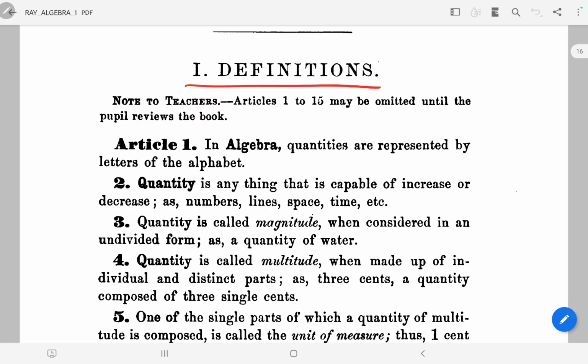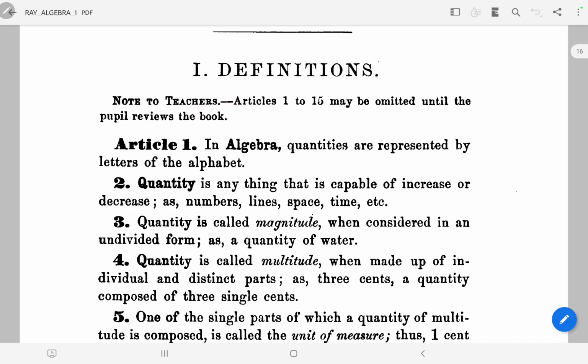And why this is so important is because we're being told here by the author of the textbook what these words mean. And anytime we see these words used in this textbook, we're to think back and remember how they were defined in these first lessons.